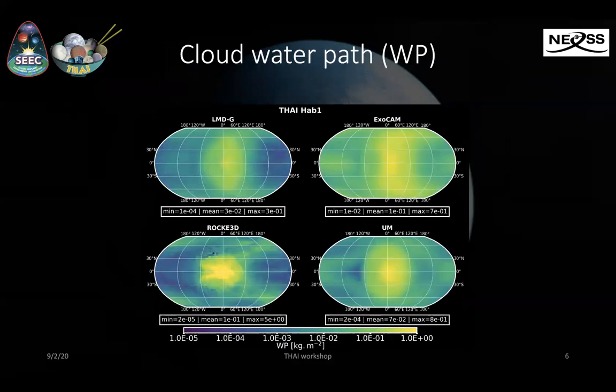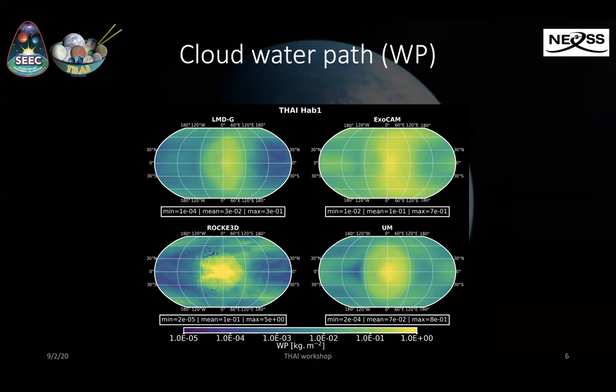Talking about clouds, we can look at the cloud water path, which is the integration of the cloud water from the top to the bottom, for both liquid and ice. Here we start to see that clouds are going to be very different between the models in terms of minimum, maximum value, and average, but also in terms of distribution.